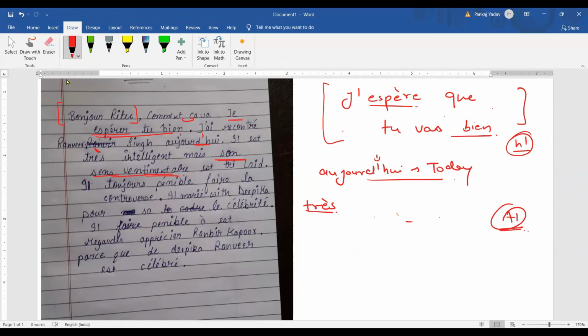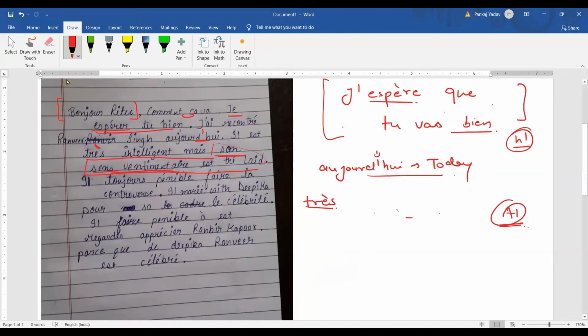So, son vestimentaire est très laid. No, this is wrong. See, I'm cutting this whole sentence because in the beginning level you are supposed to write very basic sentences. Write basic sentences.